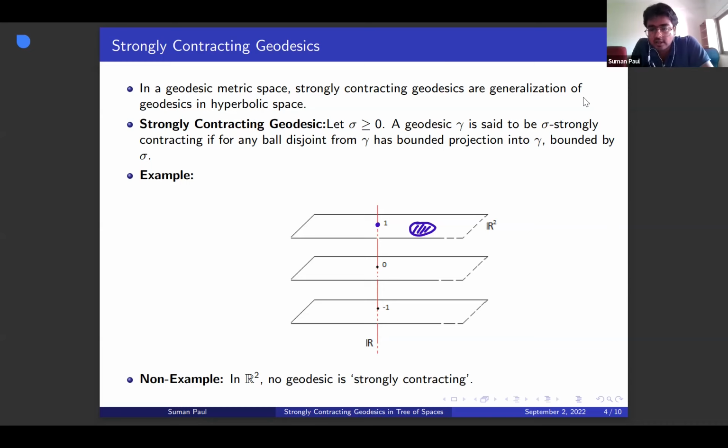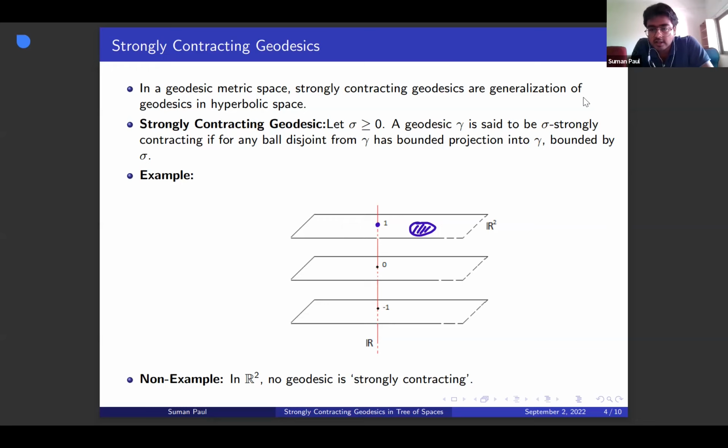So strongly contracting geodesics for a general metric space are the hyperbolic part of that general metric space.